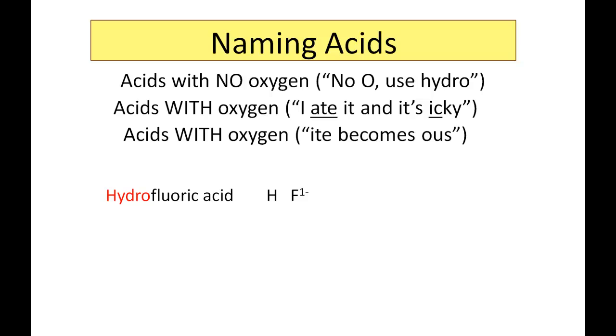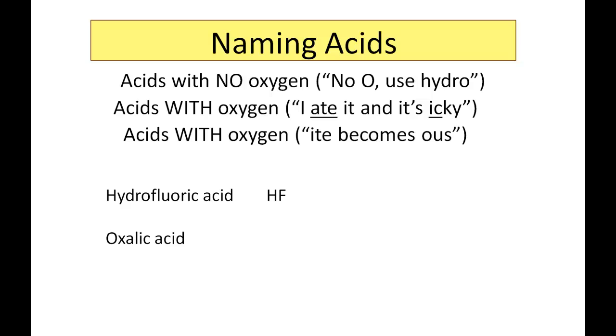So we write out hydrogen with a fluorine, and you look at the charge on fluorine from the periodic table. It has a -1 charge. Remember that hydrogen only has a +1 charge, so we still have to make the acids be neutral. So it's going to take 1 hydrogen to neutralize 1 fluorine. So the formula for hydrofluoric acid is HF.